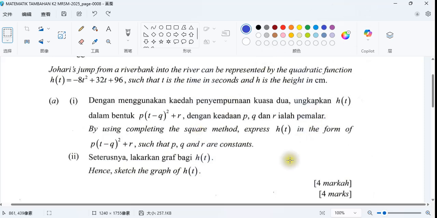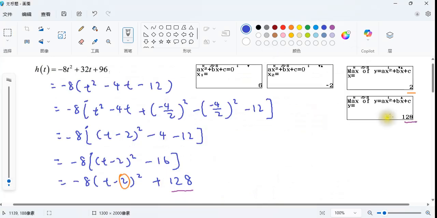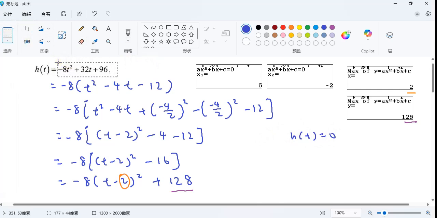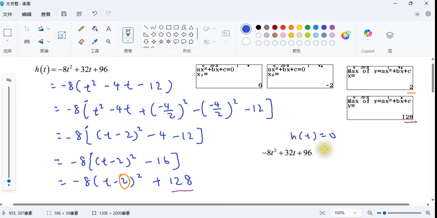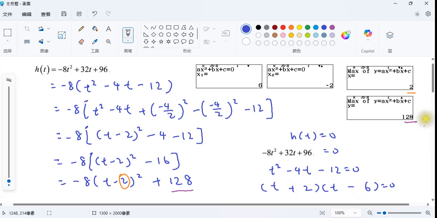Hence, sketch the graph. Okay, so we need to sketch the graph for this one. When we have h(t) equal to 0, that means this one equal to 0. And all divided by negative 8, then it is t squared minus 4t minus 12 equal to 0. And we do the factorization, then we have (t minus 6)(t plus 2).